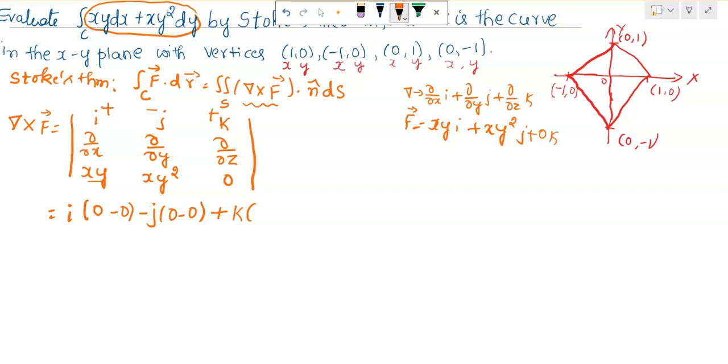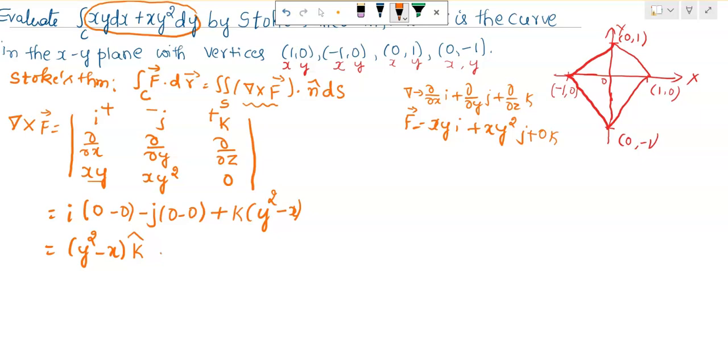So the differentiation of x with respect to x is 1. So 1 into y square is y square minus dou by dou y of xy. In this, we have to differentiate with respect to y, treating x as a constant. So the differentiation of y with respect to y is 1. 1 into x is x. So we got nabla cross F vector as y square minus x into k cap.